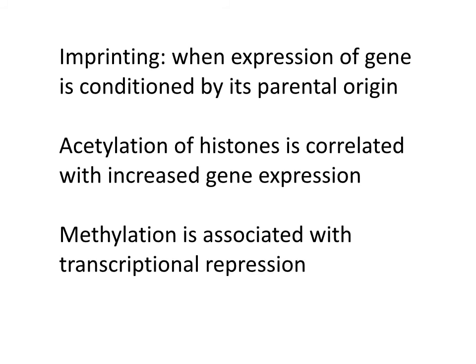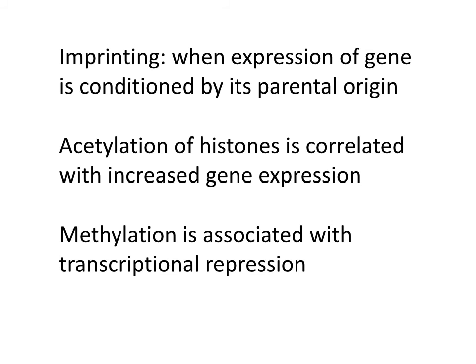And so we have to silence, or turn off, one of those genes. We do that through DNA methylation, and that's what happens with imprinting. So I'll show you a slide. This next slide will show you the specific example from the video.